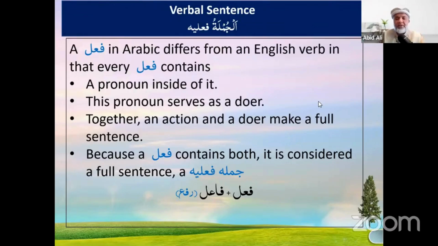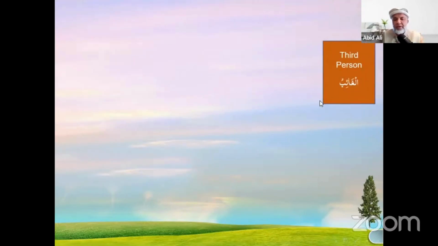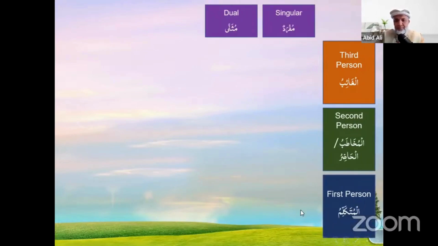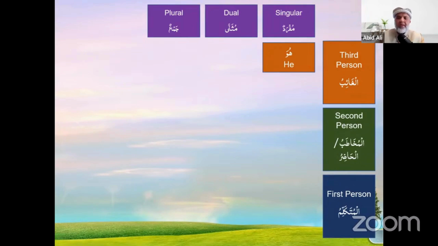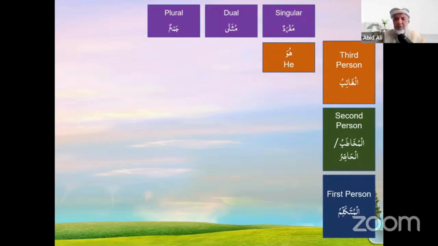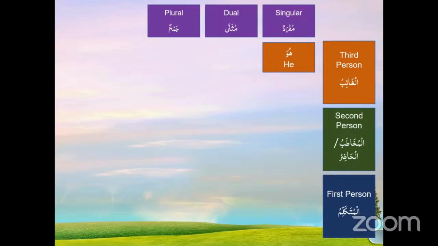Okay. I think I need to show you something before that. So let's talk about pronouns first. Now, when I say Abid came into the room, he sat down. So in the first sentence, did I mention the name Abid? Yes. But after that, did I say Abid sat down or did I say he sat down? He.